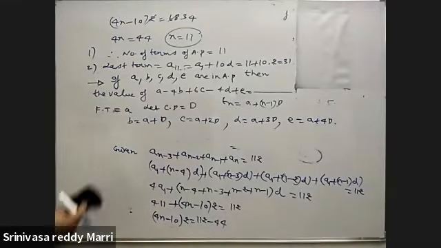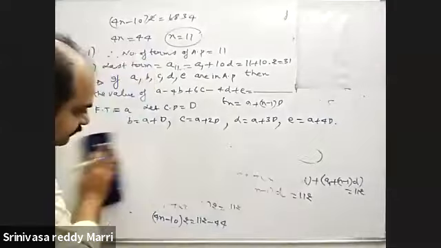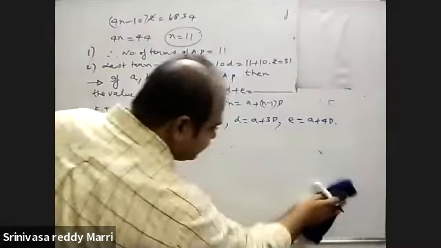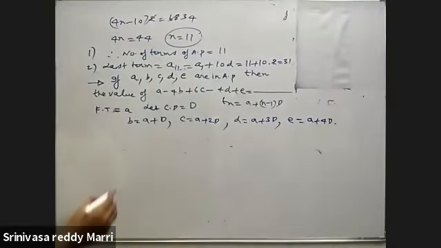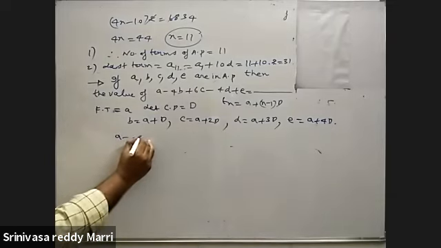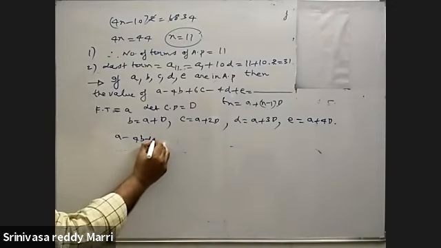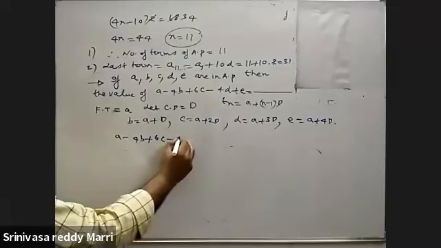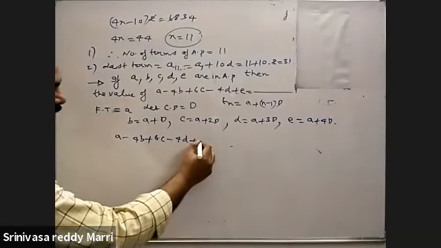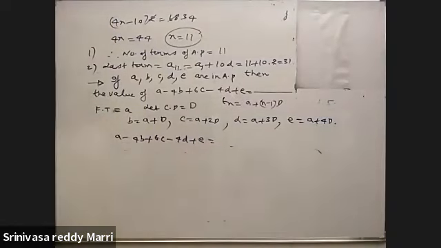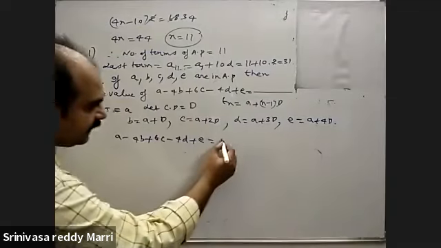Now take the expression, whatever he is asking. Take the expression A minus 4B plus 6C minus 4D plus E. Keep it A only.